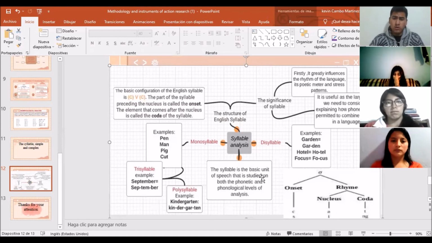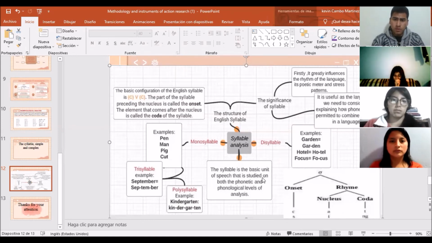For example, in the onset we have the letters C and L, and in the nucleus we have the vowel represented by A and I. Finally, we have the coda. The coda is represented by T, N, and G. That is all. Thank you for your attention, teacher.